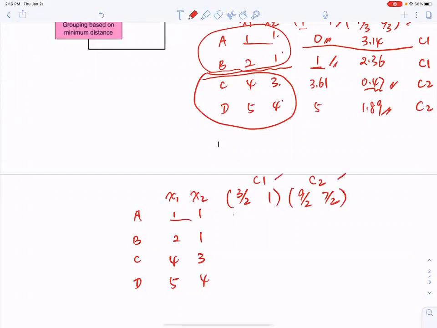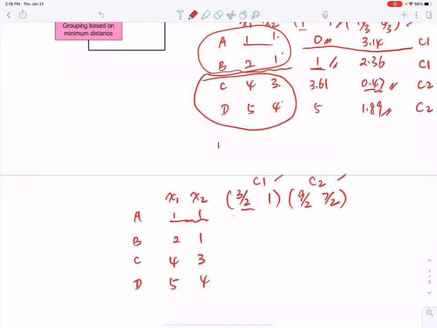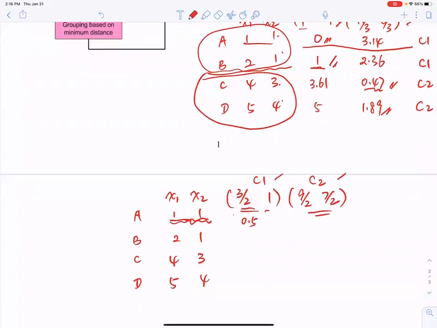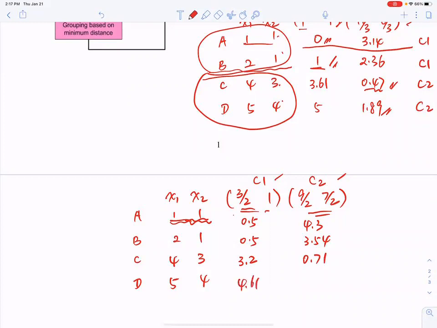Now calculate the distance between every observation and the centroids. This one will be 0.5. Let me just give you the results, but in the real calculation, use the Euclidean distance: 0.5, 4.3, 0.5, 3.54, and 3.2, 0.71, and then 4.61, 0.71.